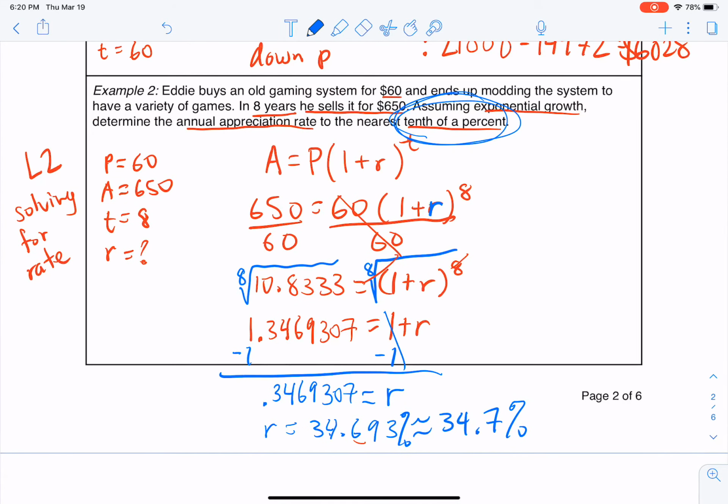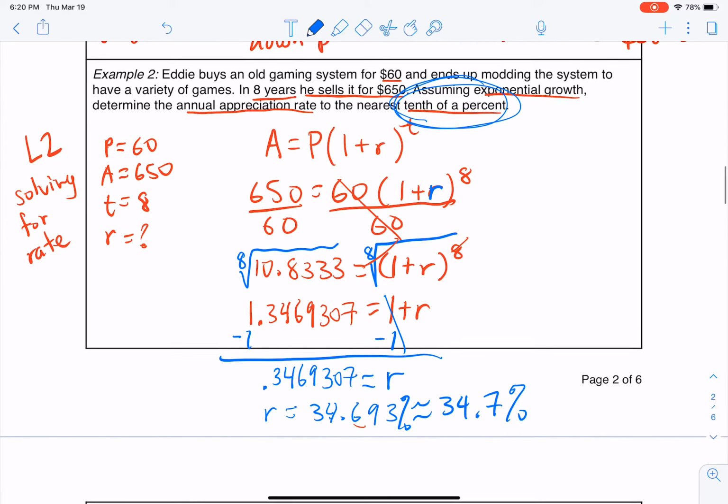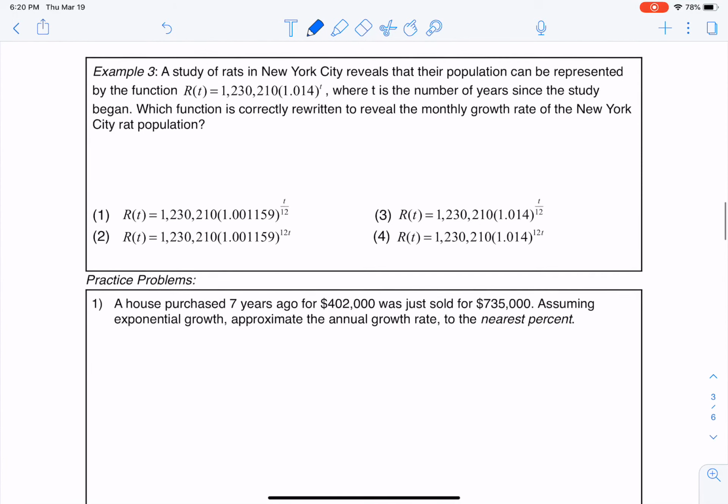Okay, you can pause the video if you need to get that down. But let's move into the last example. And this is an example that is what we just did in Unit 8, Lesson 8. So example 3.